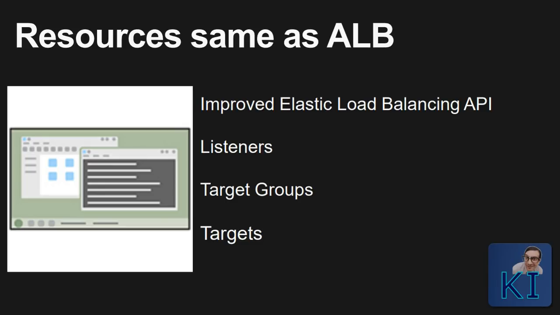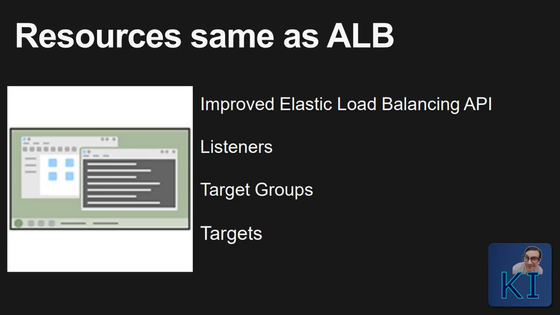If you go ahead and see my Lambda video, I talked about the APIs as well. The way AWS has done it, for the classic load balancer, the API class is ELB, whereas for ALB and NLB, the API class is ELBv2, version 2. So all the functions or the API calls which you would be using while dealing with ALB and NLB are going to be kind of the same.